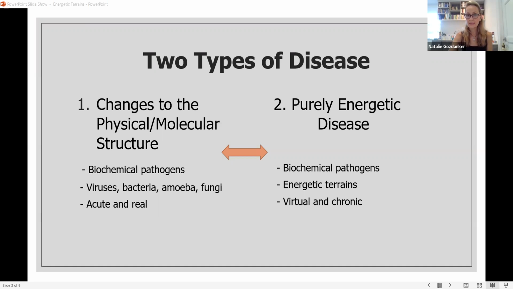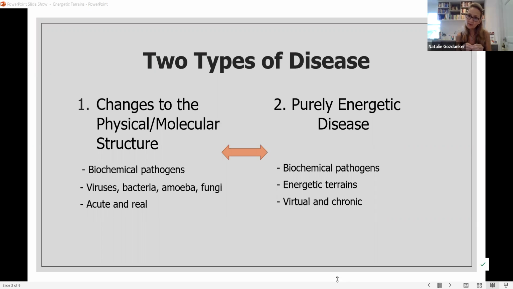So in the year 2010, Professor Peter Fraser, who was the clinical originator of NES system, after years, decades of clinical research and practical testing, made quite a breakthrough based on the premise that actually there are two types of disease. One is the disease that changes the physical molecular structure of the body, and usually this is caused by biochemical pathogens: viruses, bacteria, fungi, amoeba, and so on.